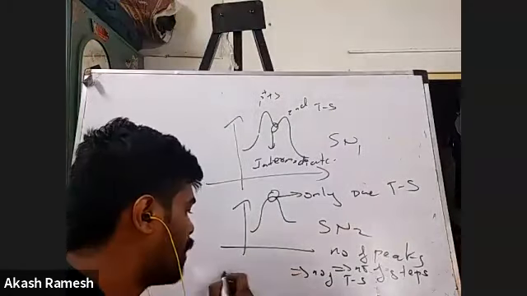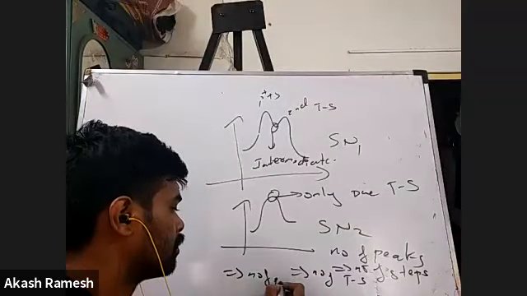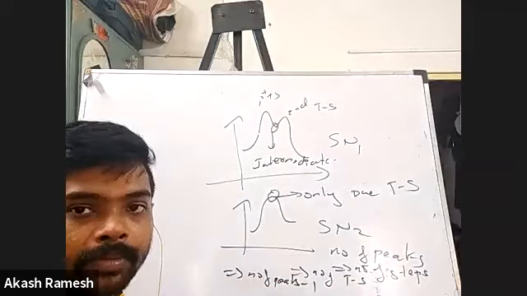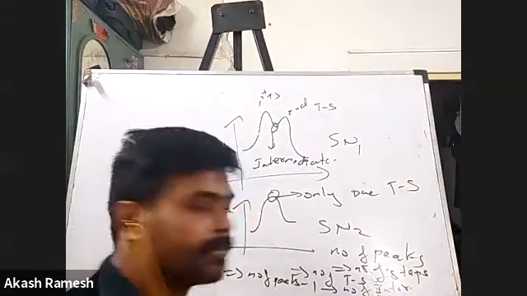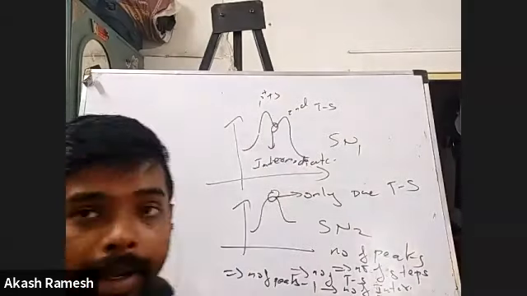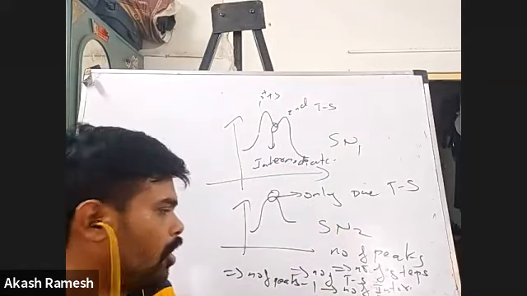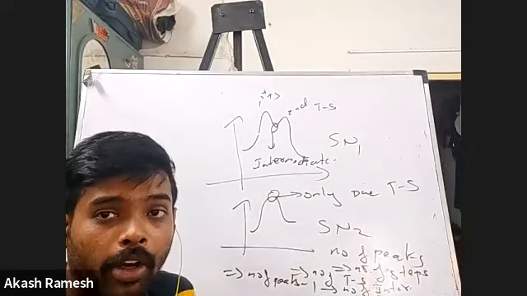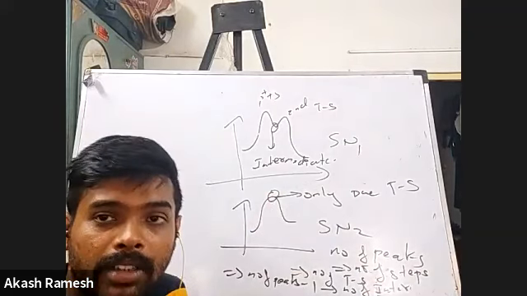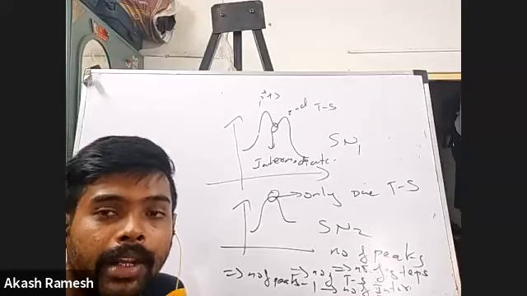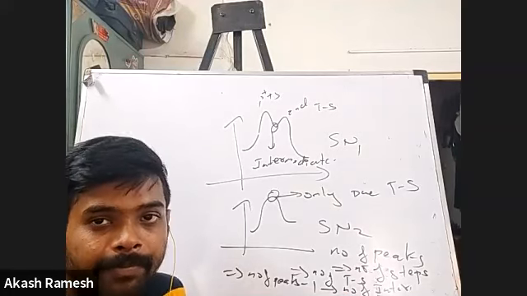And number of peaks minus one is going to give me the number of intermediates. You can see there are two peaks, one intermediate. So all these things can be calculated: whether it's elementary or complex, and if it is complex, how many steps, how many intermediates, how many transition states. A lot of information can be got from this energy profile diagram.